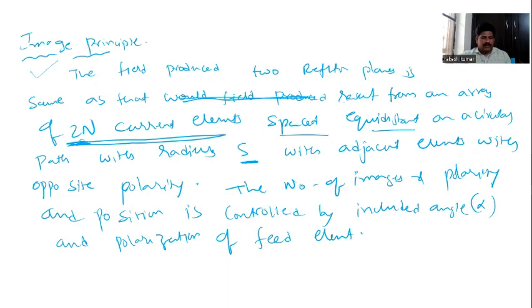Okay, so see here, for example, let us consider n is equal to 2. What is the value of alpha? Alpha is equal to pi by n, that is 180 by 2, so 90 degrees.